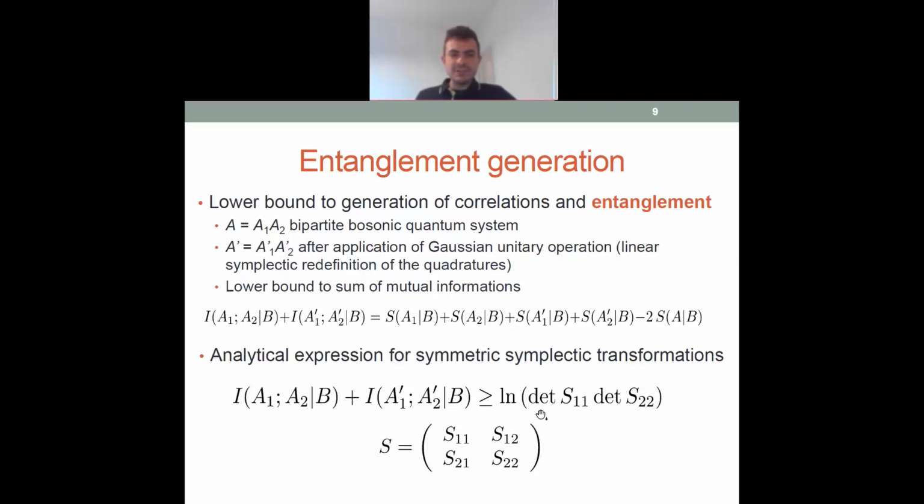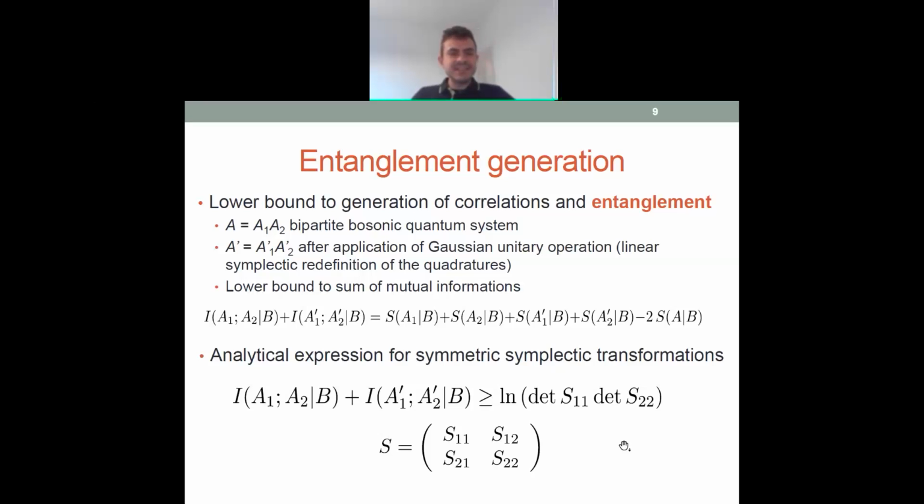And if we block partition the symplectic matrix in this way, the analytical expression for this lower bound will be the logarithm of the determinant of the upper left block times the determinant of the lower right block. So in this case, we have an explicit analytical bound for the generation, in general, of mutual information, of correlations, and for pure states for the generation of entanglement.